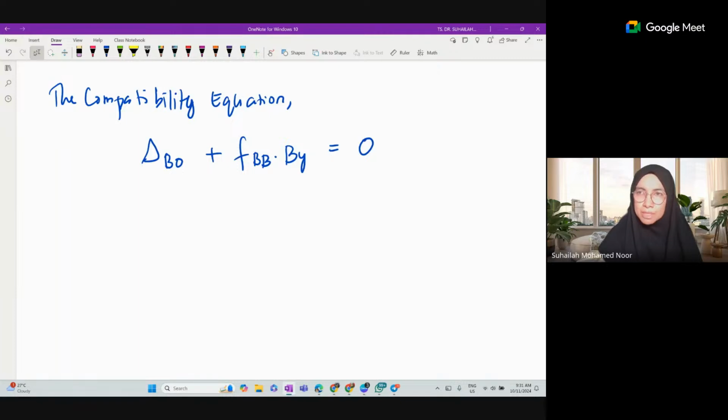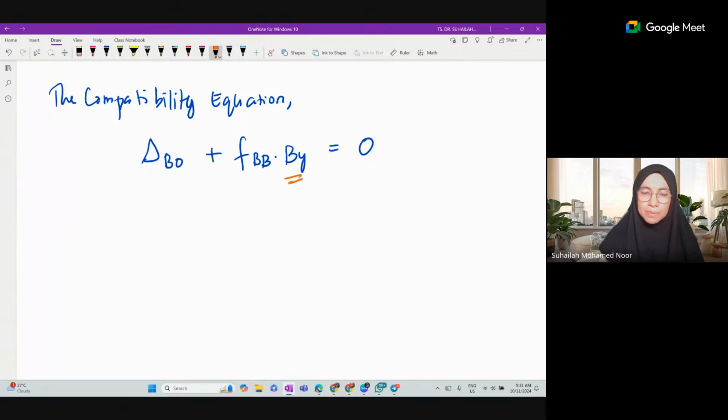So what is delta B naught? What is FBB? Both are displacements. The unknown, the one that we want to calculate here, is BY. We want to solve for this BY by solving this compatibility equation. It means that we have to determine the displacements delta B naught and FBB.